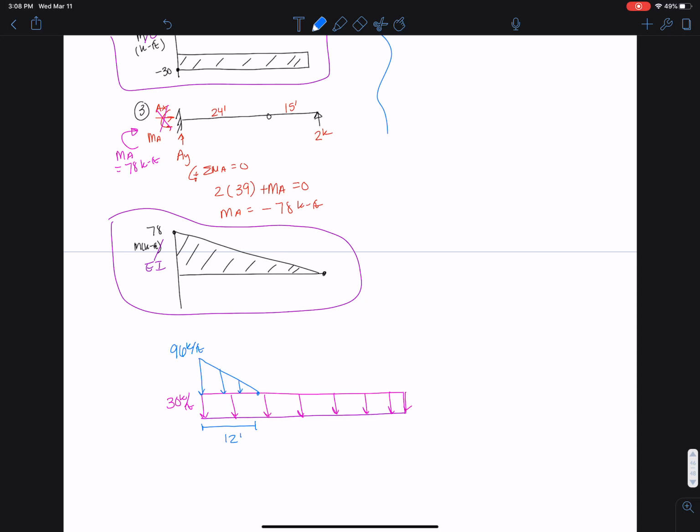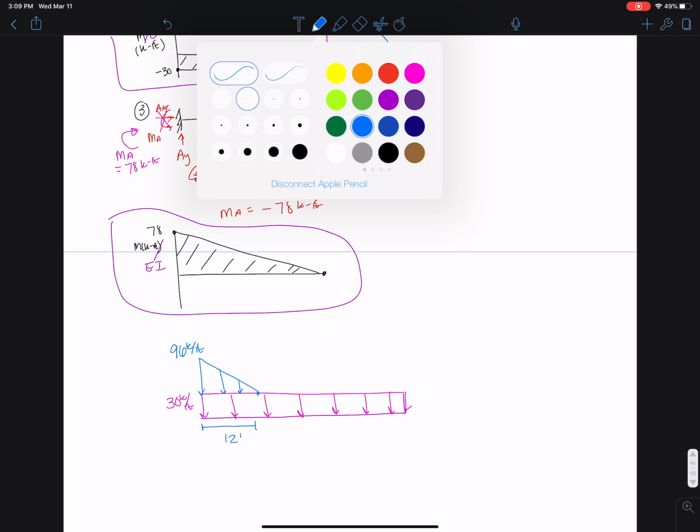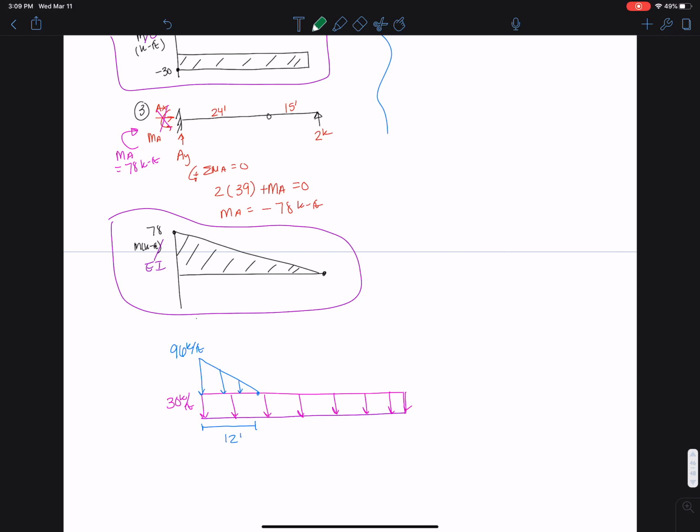Okay, this is going to look kind of funny, but really we can treat them all separately. So then we have a third, kind of if this was the beam. Okay, and they're going in this direction. And this is the 78. Okay, so this is now our conjugate beam.